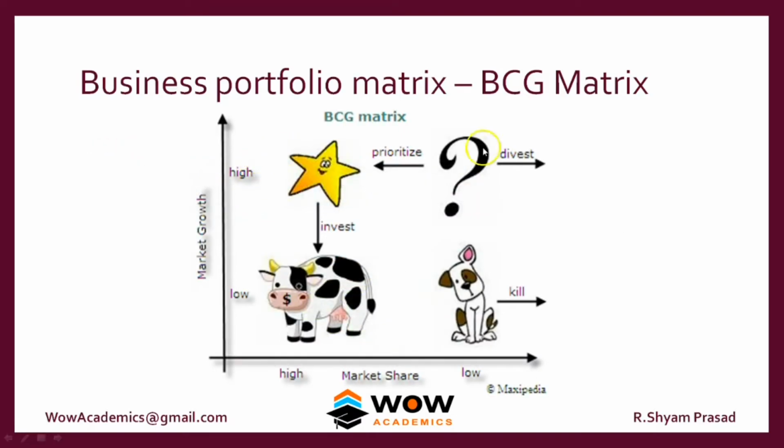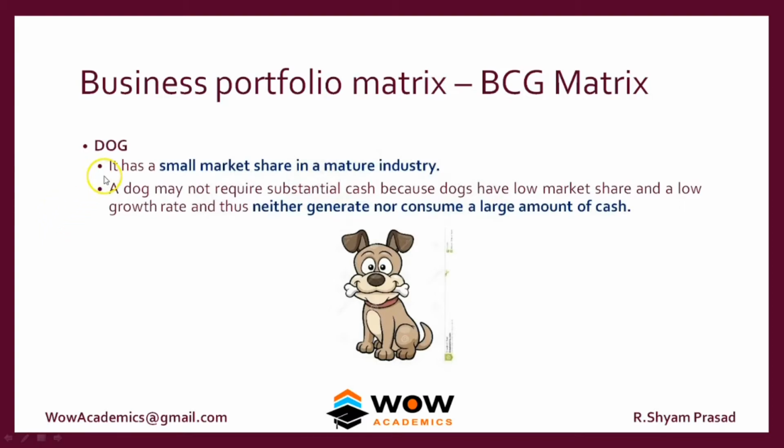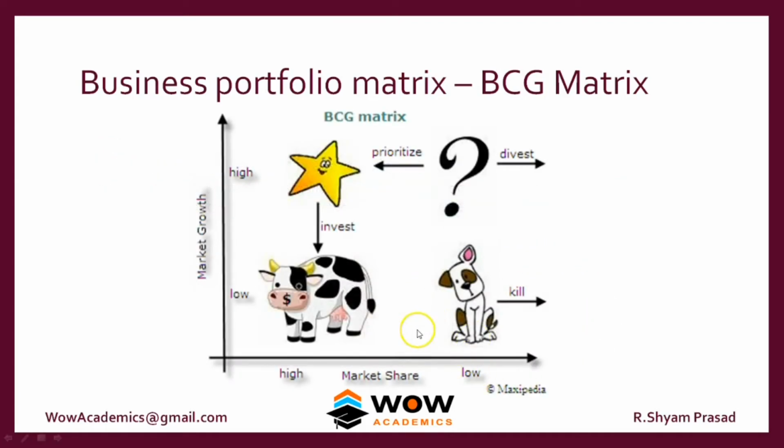So next we will discuss the dog. Dogs have a small market share in a mature market. Their market share is very low. Out of the entire sales in a product category, our company's products are selling very little.